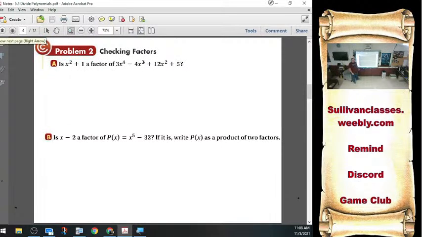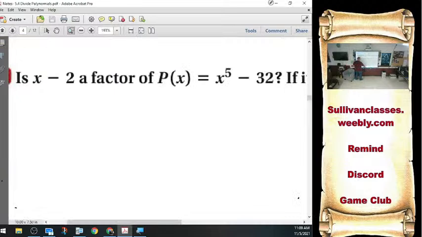Now, here's the deal. This one, look at it. Not a linear divisor. I can't do synthetic division with this, because it says x squared. Remember this one and how long that took? 1, 0, 0, 0, 0, negative 32.